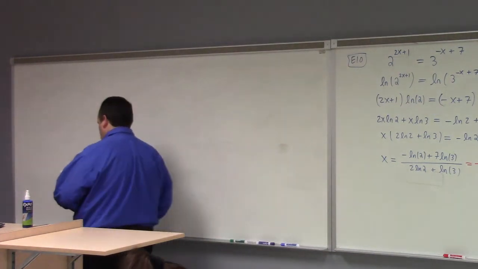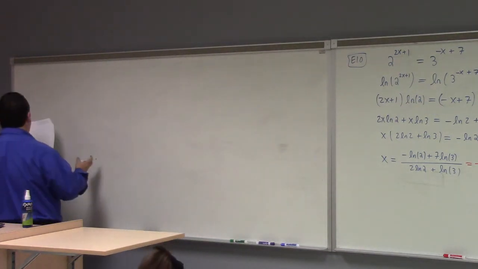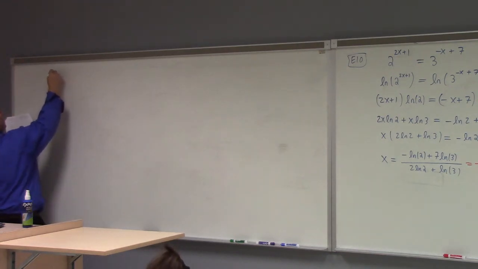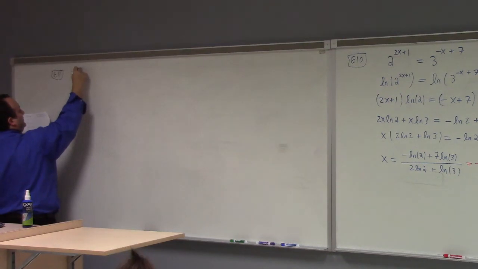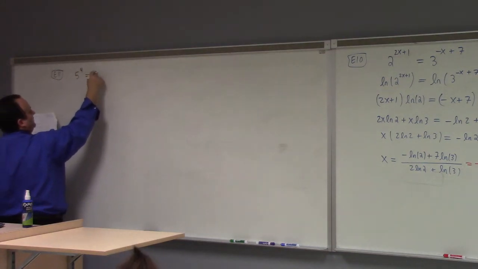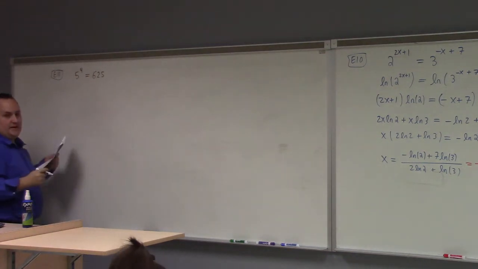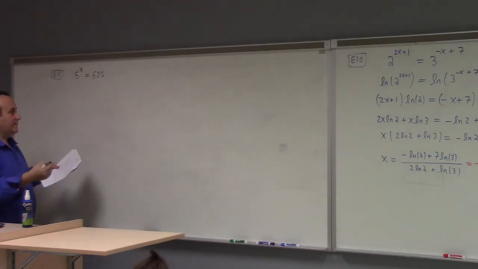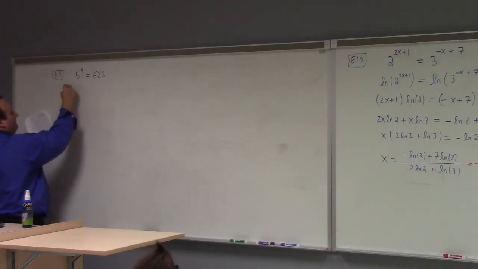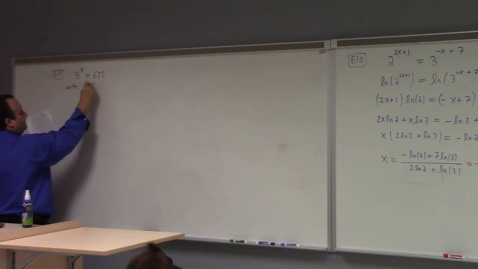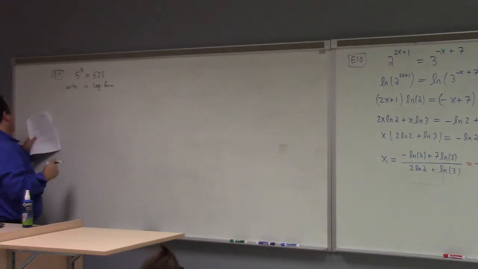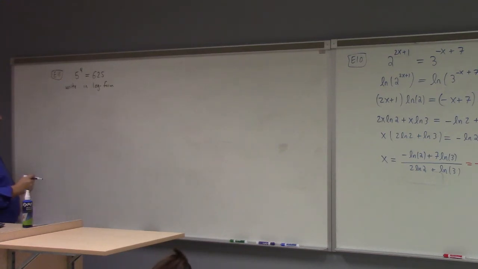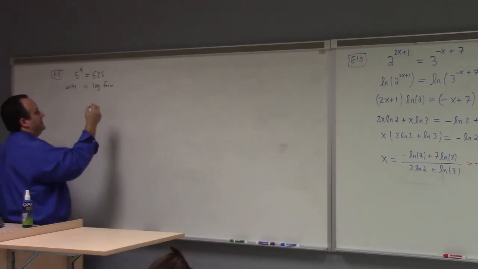Let's see here. Example 11. Let's just work something. Here's one. We're given 5 to the 4th equals 625, and you're asked to write this in logarithmic form. What's that mean? Basically just translate this into logarithms.